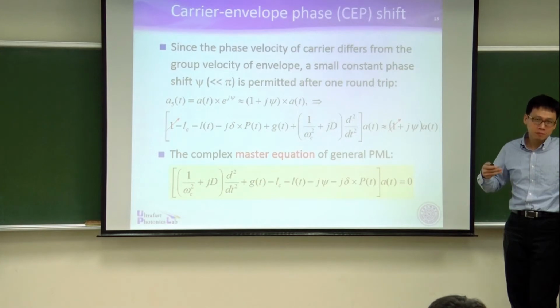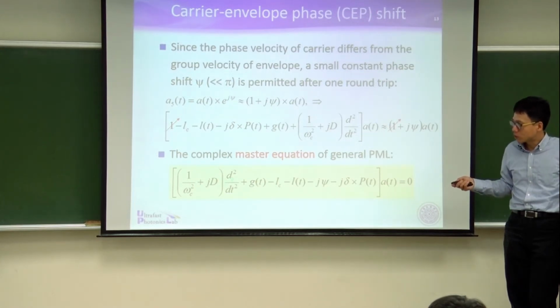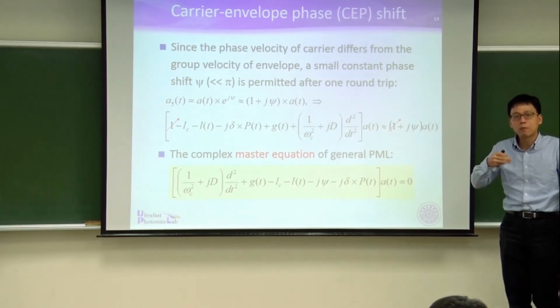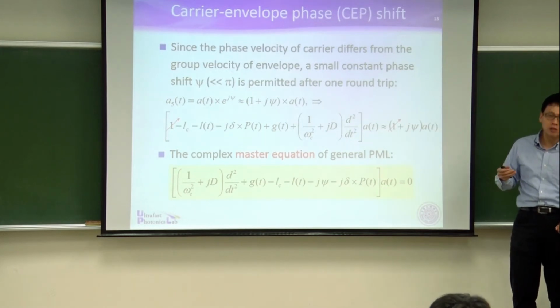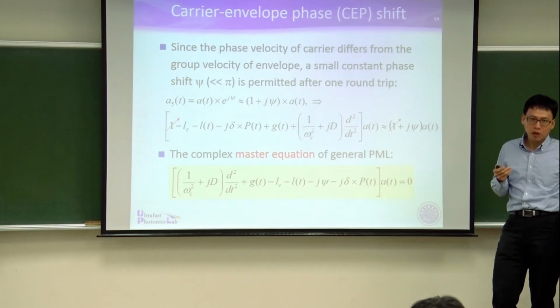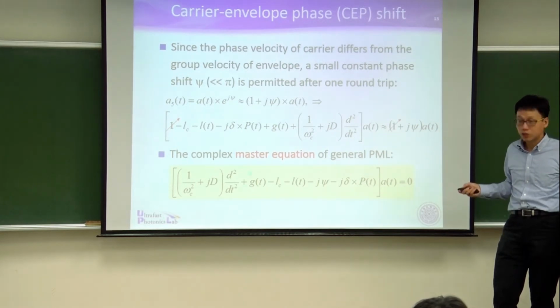It means omega squared, right? And omega squared with a purely imaginary coefficient means phase, right? If it is real part, it's about amplification or loss. But if you are talking about a purely imaginary part, it means a phase term.